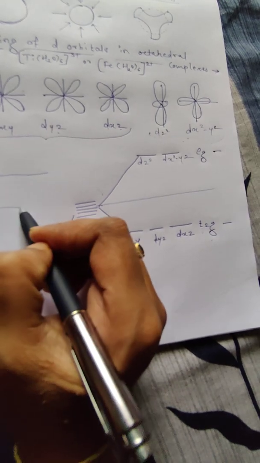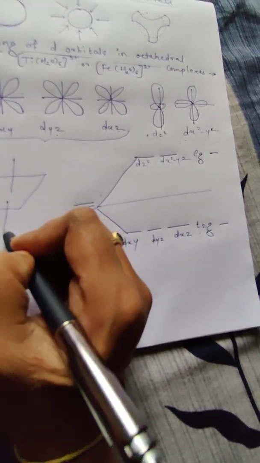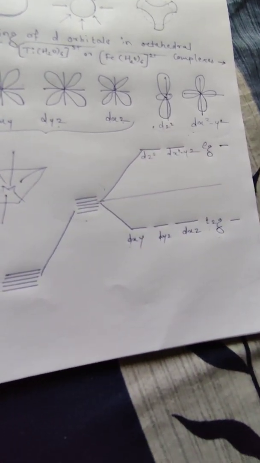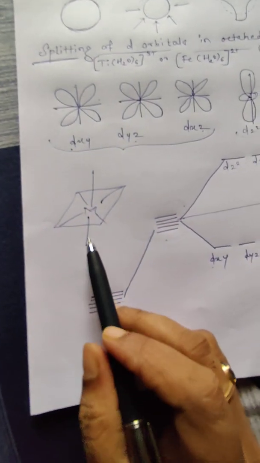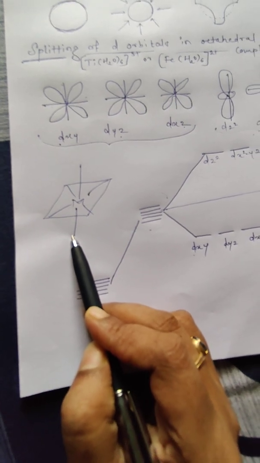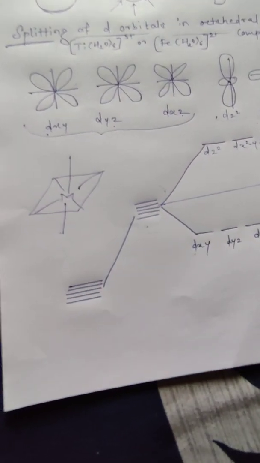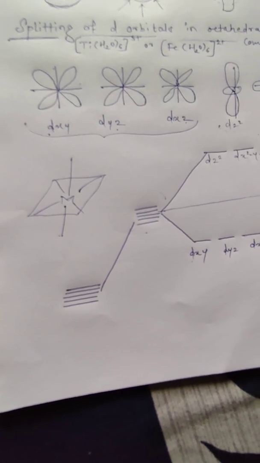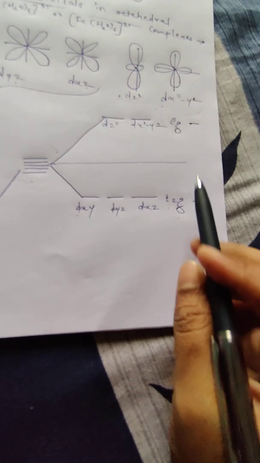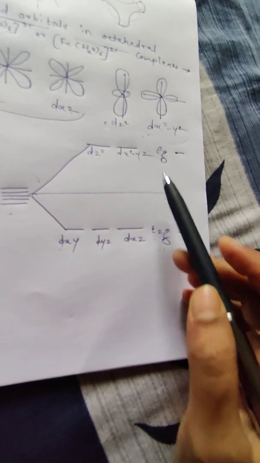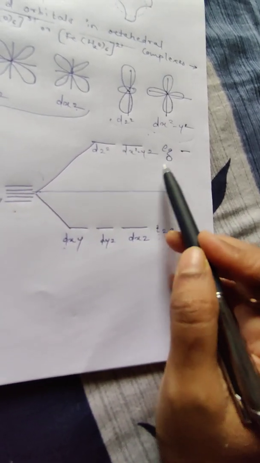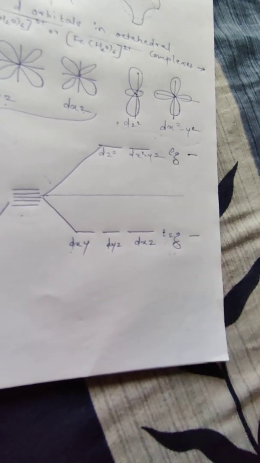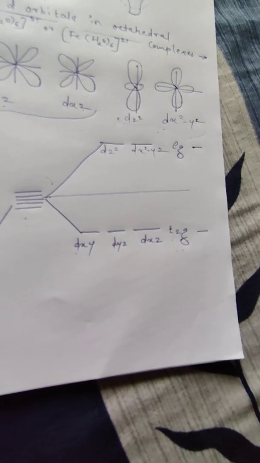If you remember, there is the central metal ion and these are the ligands which are present. This octahedral complex has a center of symmetry, and therefore we use the g factor for the octahedral complex. So T2g and Eg: triply degenerate gerade and doubly degenerate gerade.